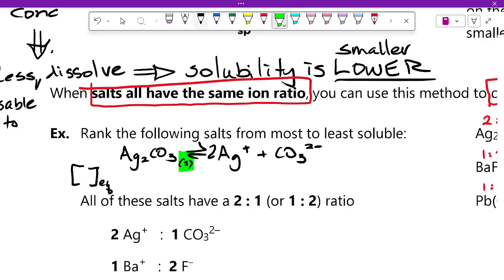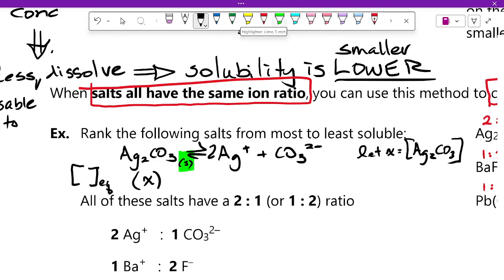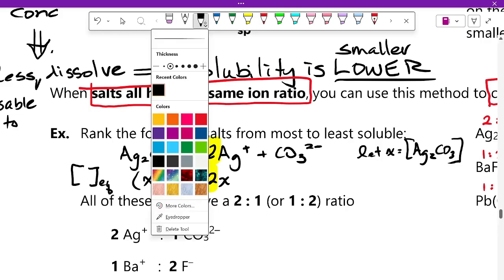So if we say, let X be the concentration of Ag2CO3, then I can put an X down here. So that would be like my 0.002 molar. How much Ag plus would we get? We would get 2X. And carbonate, we would have how much?